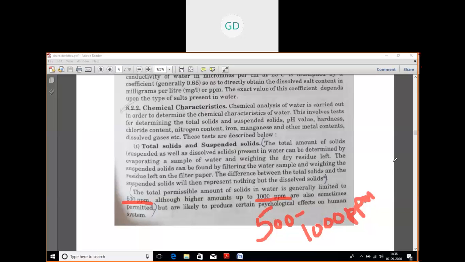Clear everyone? So this is all about your total solids, suspended solids, and also your dissolved solids. You can pick up the important lines and write down the notes on your own.